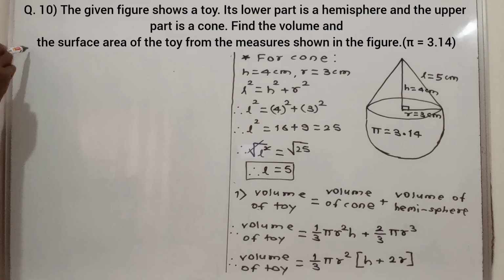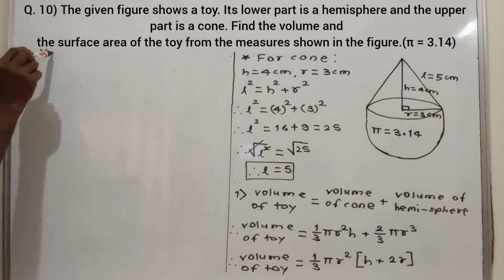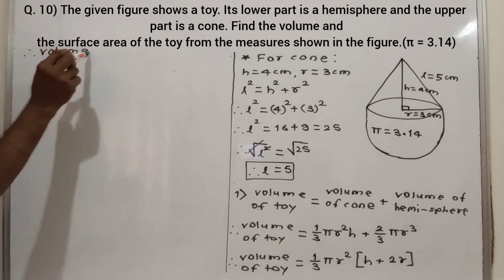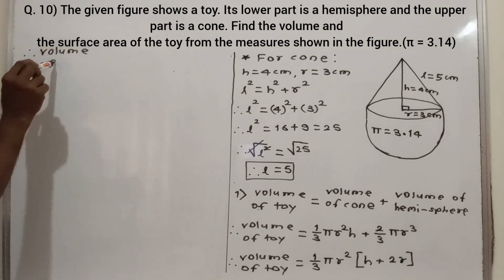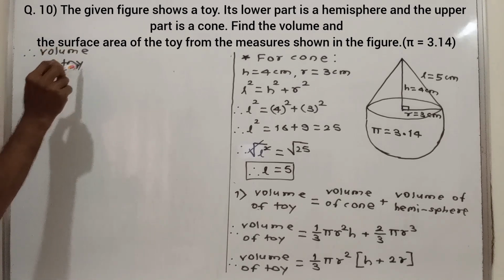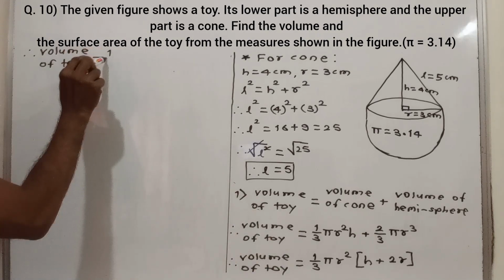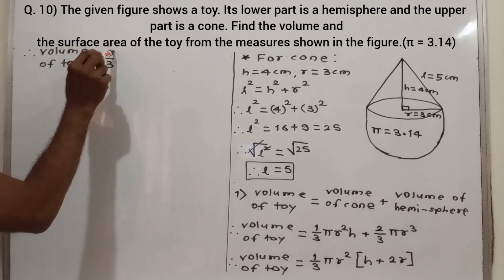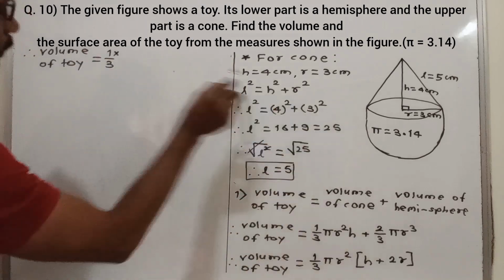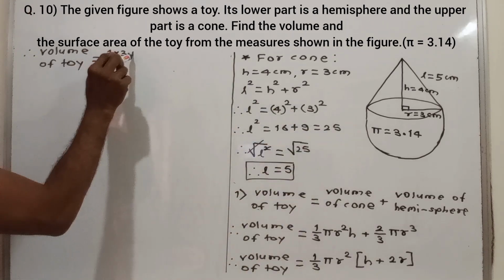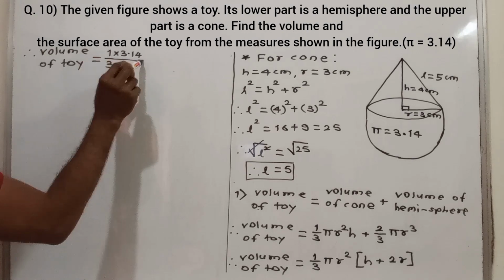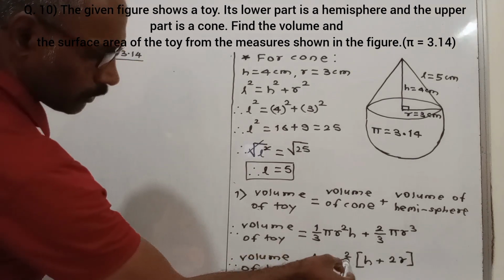Therefore, volume of toy is equal to 1 upon 3, value of pi. What is value of pi? 3.14. r square.